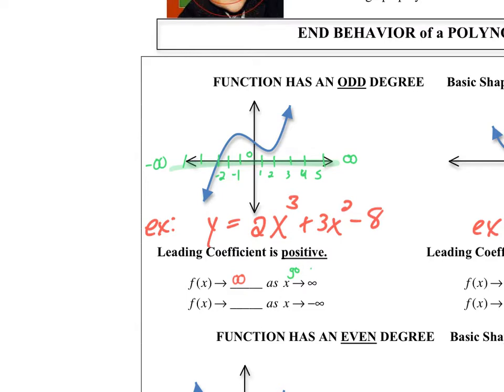So as x goes to positive infinity, that means when you go to the right. When your graph is going to the right, which way is the y going? Y is going up to positive infinity.